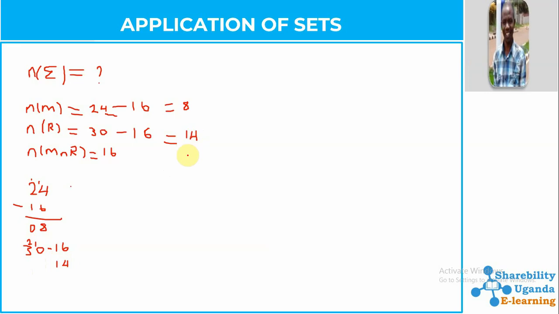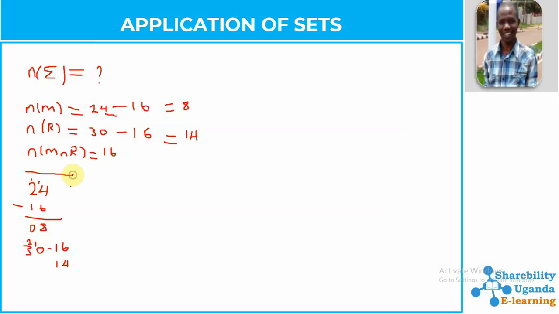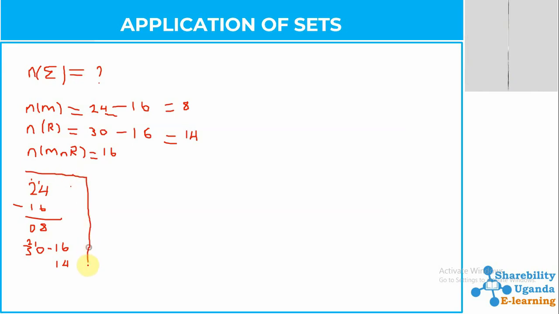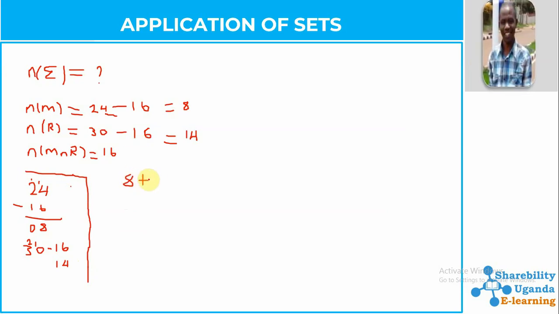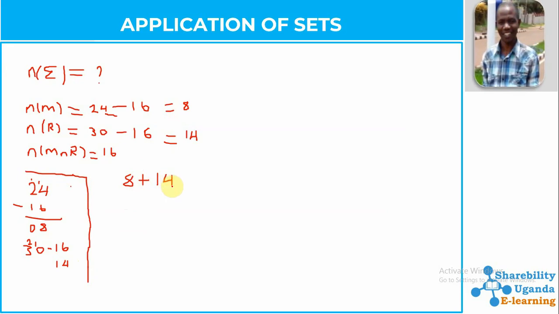Now I want to understand the number of pupils who are taking only one kind of food, not subject. We have 8, then plus 14.